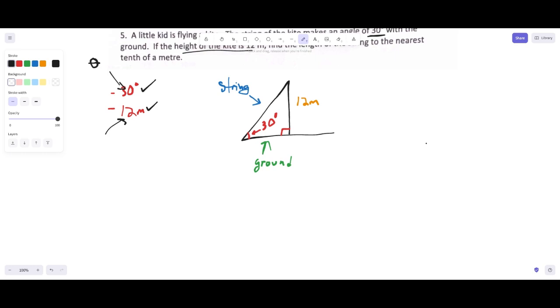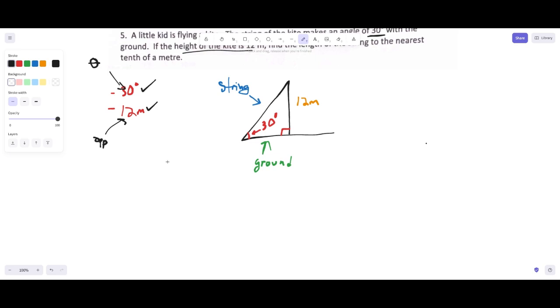Based off of the positioning, it would signify a different type of length. For an opposite length, it would just be whatever is opposite of that 30 degrees. So that would be 12, because that is the opposite side of that 30 degrees. So we already know automatically that this is opposite.